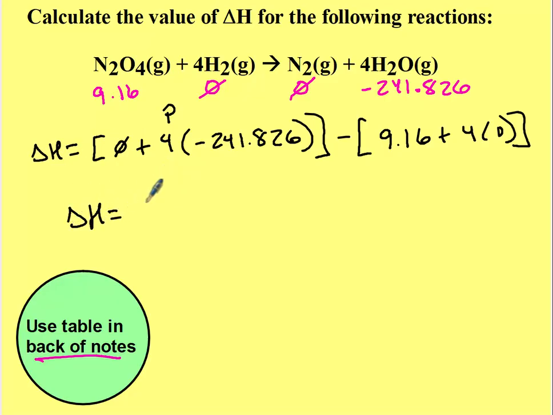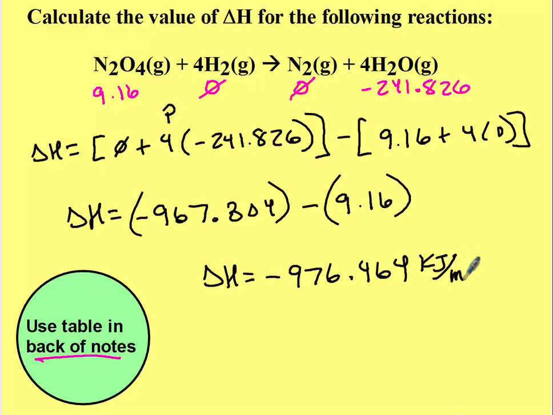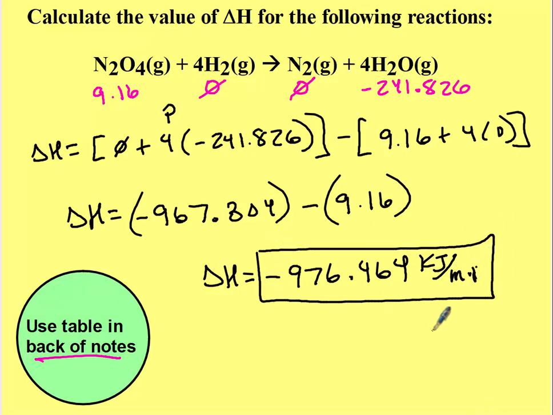Then I'm going to simplify. And again, I get a negative delta H, so this one was exothermic.